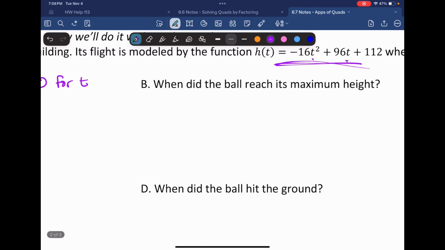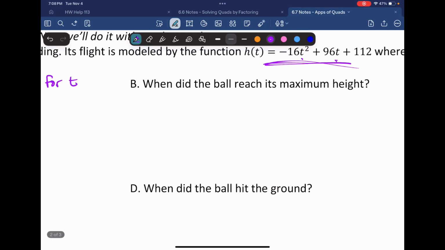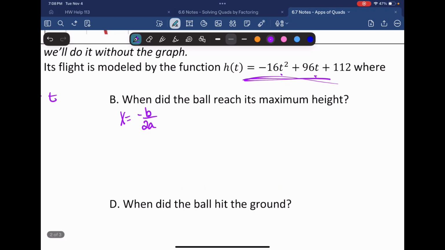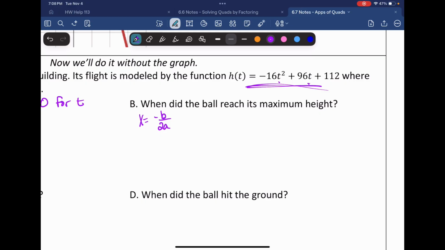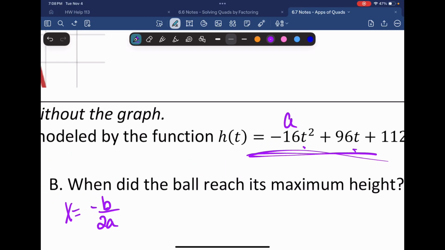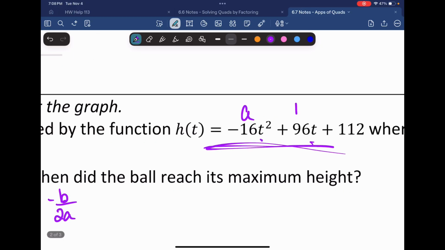When did the ball reach its maximum height? Okay, there's a formula for this. x equals negative b over 2a. Okay, let's talk about where those variables are located. a is the coefficient of your square. b is just your coefficient of x or t. c is your constant.